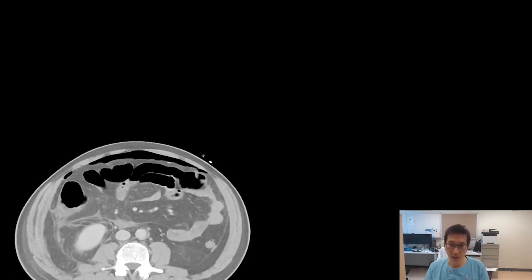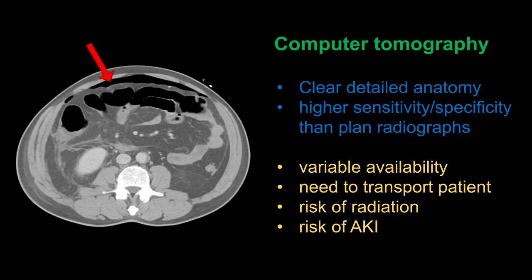Next, of course, we must come to another tool, which is using essentially stacks of X-rays, which is computed tomography or CT. The key difference here is that you're able to do really detailed cross-sectional views or reconstruction views.